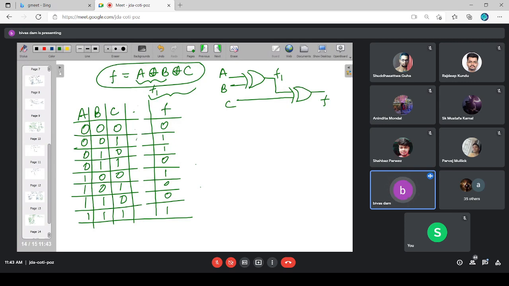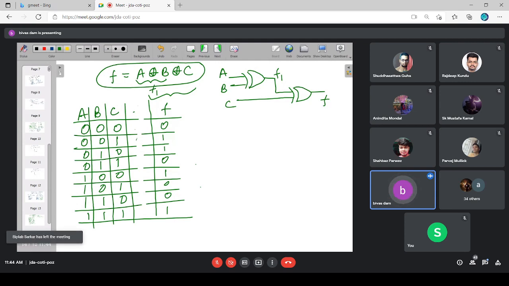So whenever, given one truth table, I find that there is one output which is true whenever the count of 1s in the input combination is odd, otherwise the output is 0, then I need not go for any other analysis. I can straightaway say that the output F is equal to the XOR of the input variables. Okay, do you get it? So this is one peculiar thing about the XOR and XNOR functions.